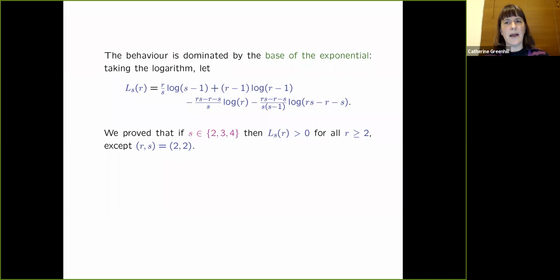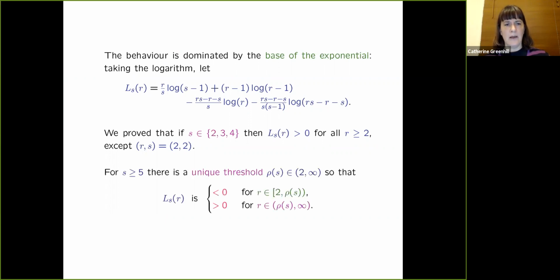So that's where we get our threshold from. If S is 2, 3, or 4, then this is positive everywhere it needs to be positive. If S is 5, then there's some threshold result. So the function L really determines where that threshold is. We just prove there's a unique place where it goes from being negative to positive. Okay.